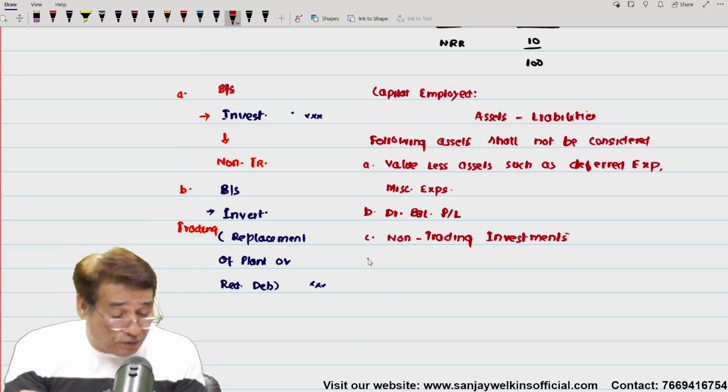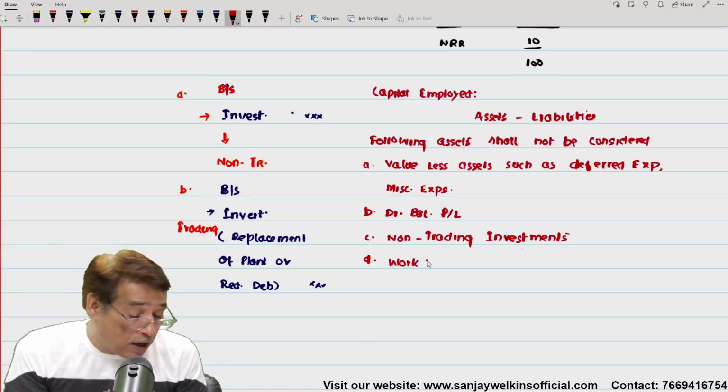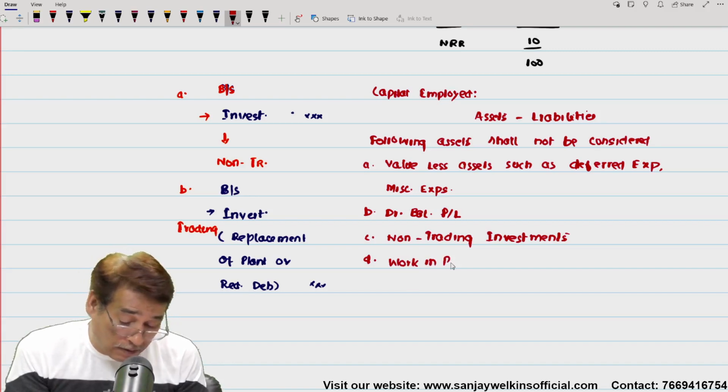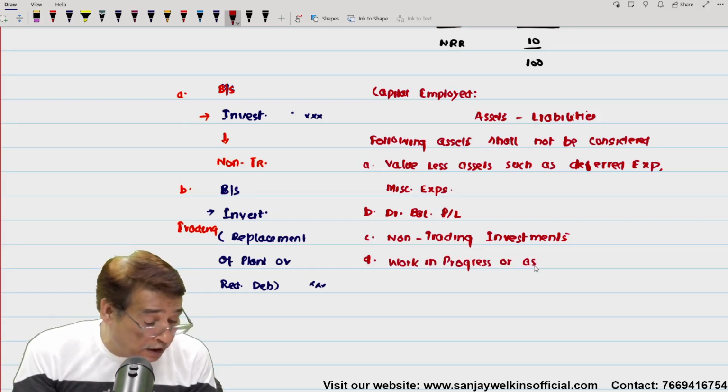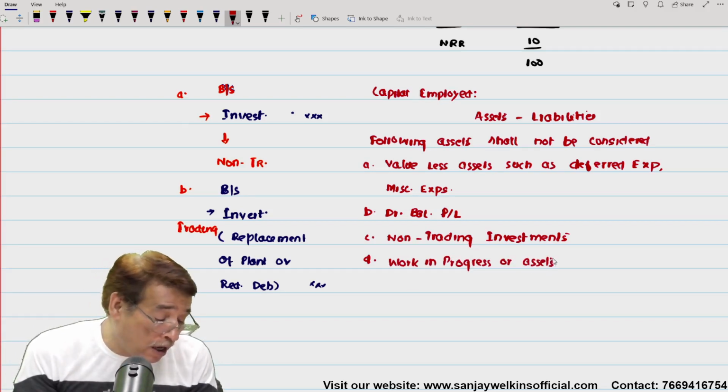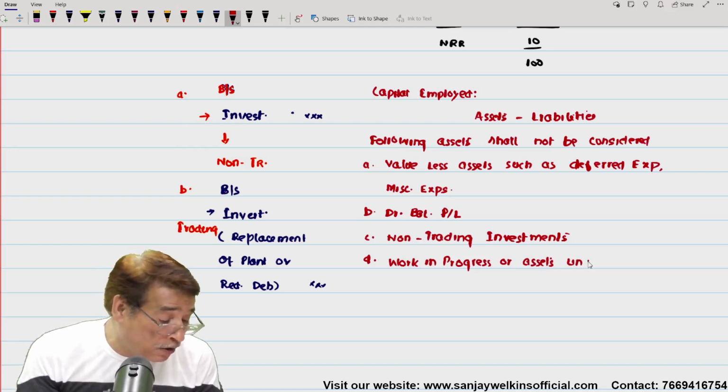Secondly, you will also not include any work in progress or assets under construction.